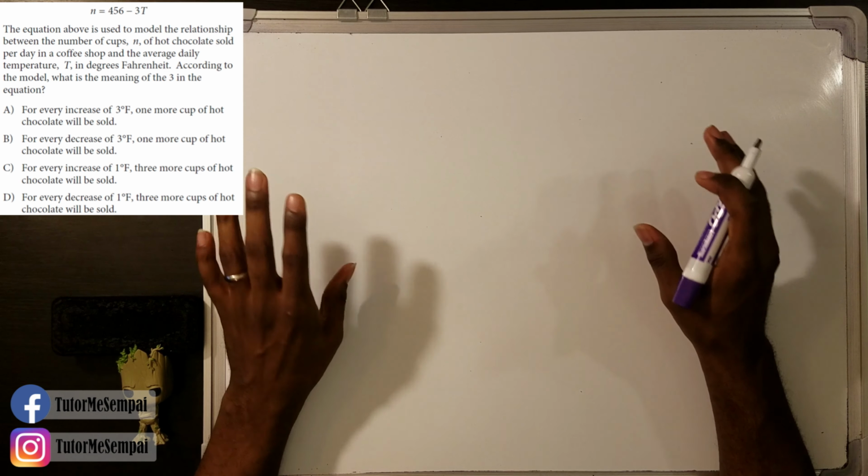Now I say when possible because there are some word problems where it's going to make you read more of it, if not all of it, but there are some that you can get a lot of information out of just by reading the last sentence. So the second tip I have for you is read the last sentence first. That last sentence will kind of set the tone for this type of question.